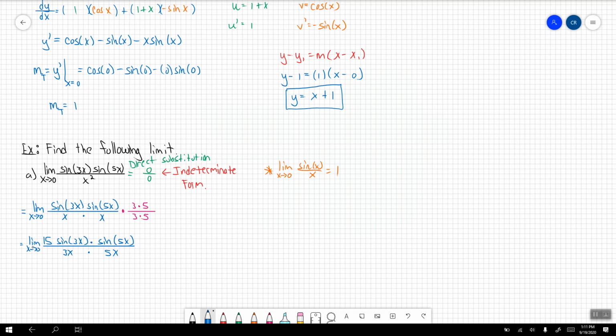However, we are taking the limit of a product of functions, which means it is the product of the limits: the limit of sine of 3x divided by 3x multiplied by the limit as x approaches 0 of sine of 5x divided by 5x.